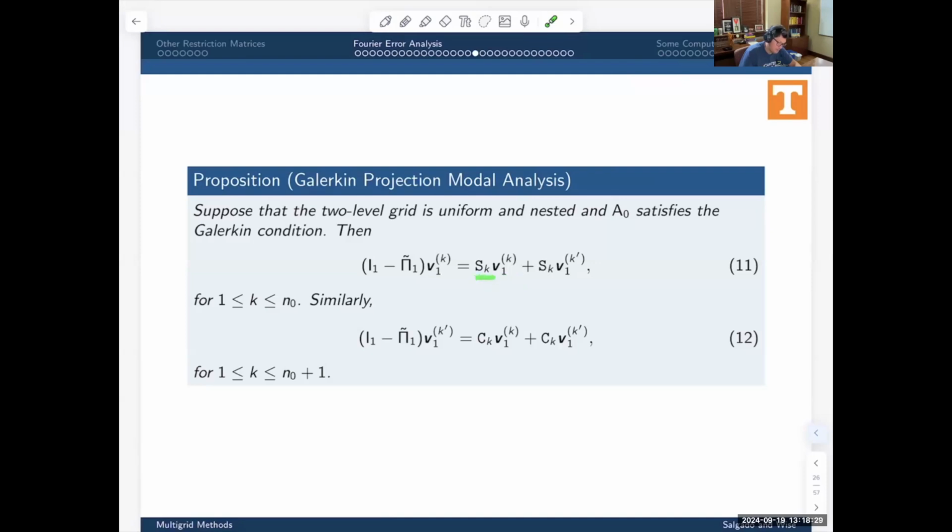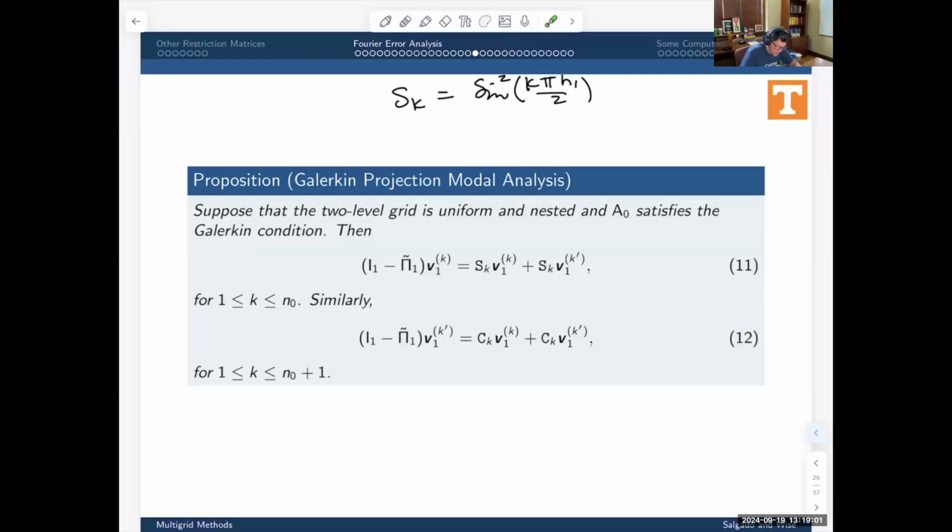This typewriter notation SK means, as I said before, sine of k pi h1 over 2. And by the way, if you see a prime here, that just means put the prime there. And the same with the cosine, the C function. The C function is just, by the way, this should be squared, the square of the cosine.